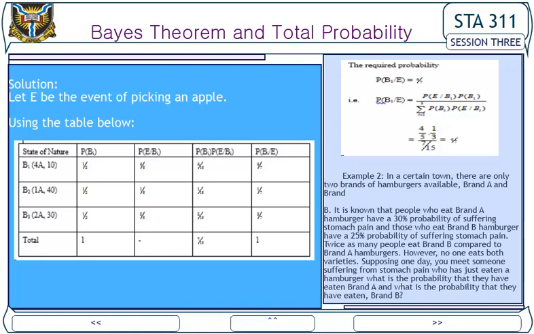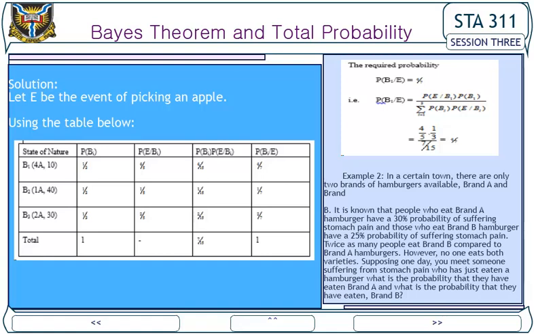Example 2. In a certain town, there are only 2 brands of hamburgers available, brand A and brand B. It is known that people who eat brand A hamburger have a 30% probability of suffering stomach pain, and those who eat brand B hamburger have a 25% probability of suffering stomach pain.